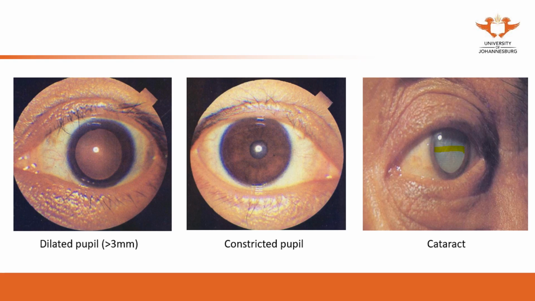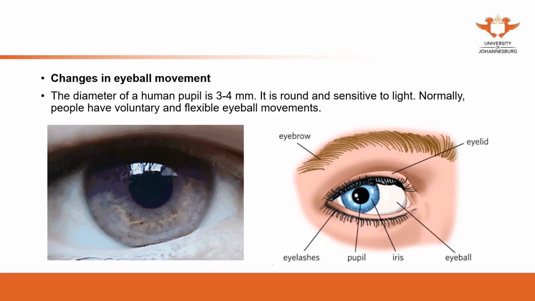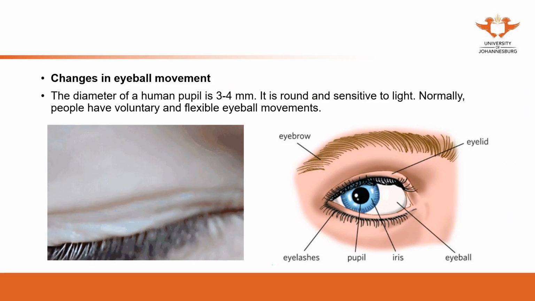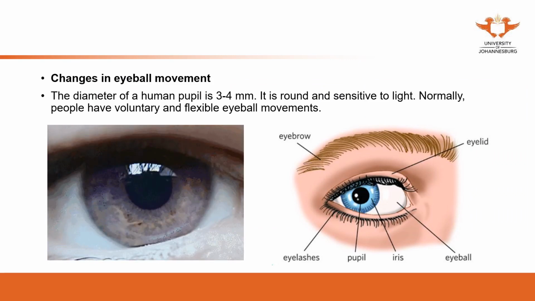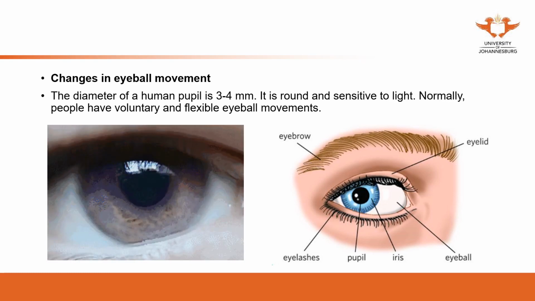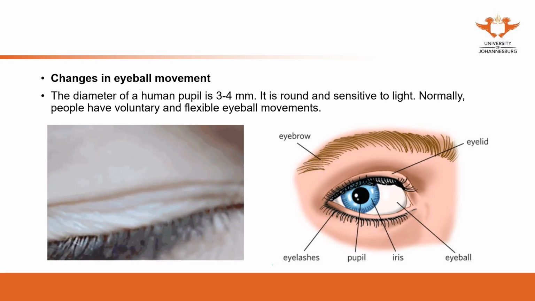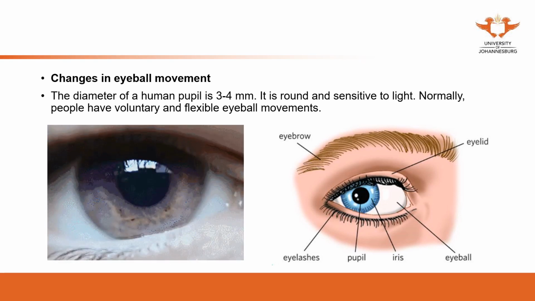So these are some of the common abnormal eyes. Then the change of the eyeball's movements, such as the reflection towards light: the pupil will change its shape, as you can see from this image. When the eye opens, you can see the pupil becomes smaller.